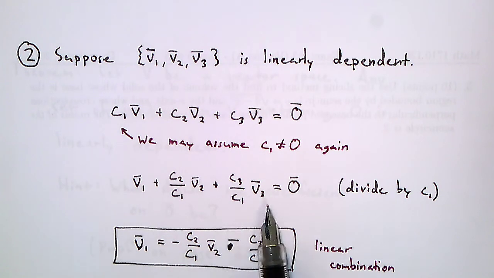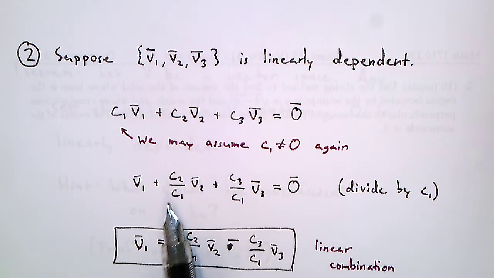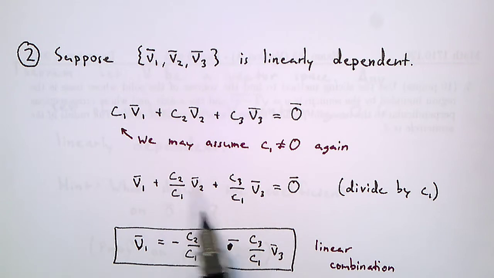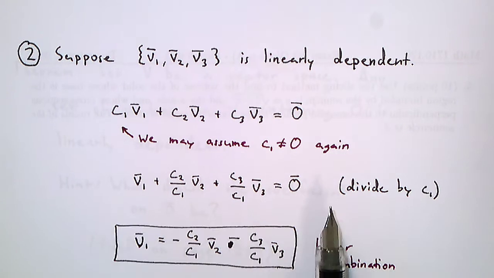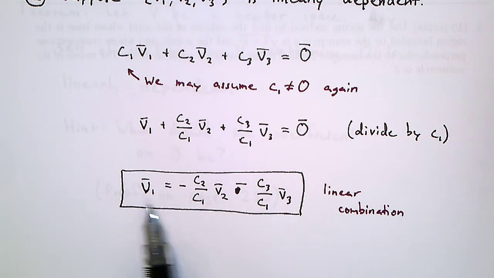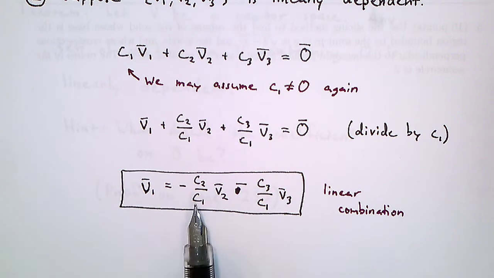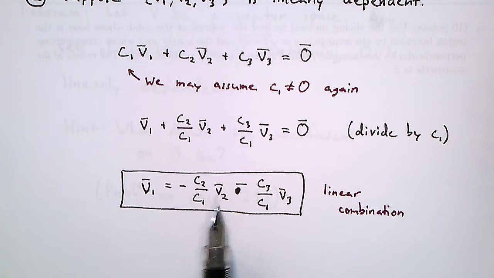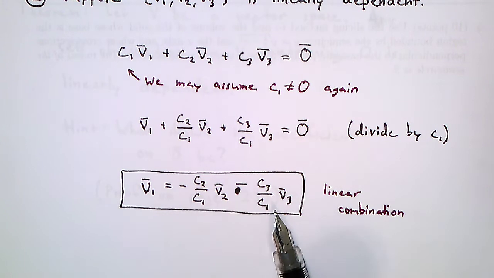We get this new equation. And now move this term and the third term to the right to get this final equation. And we can see that v1 is equal to negative c2 over c1 times v2 minus c3 over c1 times v3.